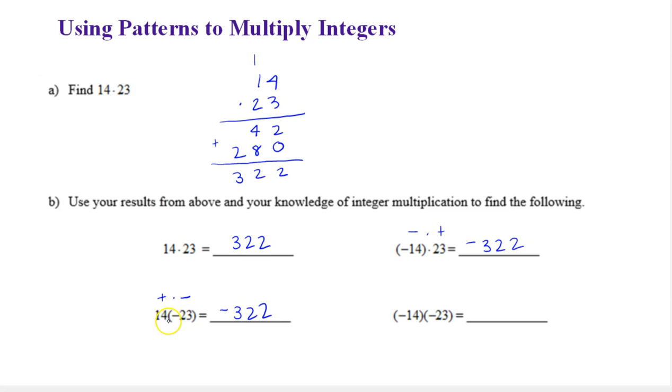And look at this form carefully, because it's tempting to think that this might be 14 minus 23. So no, the reason that I know that this is multiplication is, remember, we call this juxtaposition, which is a fancy name for next to each other. When the parentheses are right next to the other number, then we're multiplying.